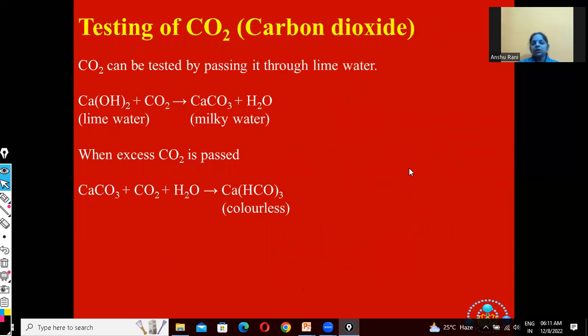If you want to test whether carbon dioxide gas is coming out, how can you test? You can pass this carbon dioxide gas through lime water. It will turn it milky.